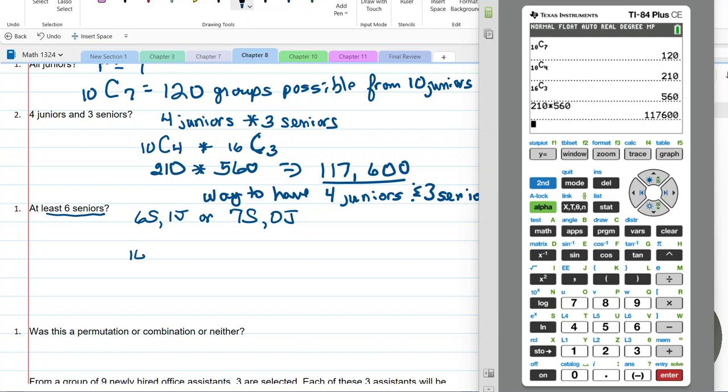That would be 16 choose 6, at least 6, times 10 choose 1 junior. Or means to add. 16 choose 7 times 10 choose 0, because we've got at least 6, or all of them, right? So now we're going to do the math.